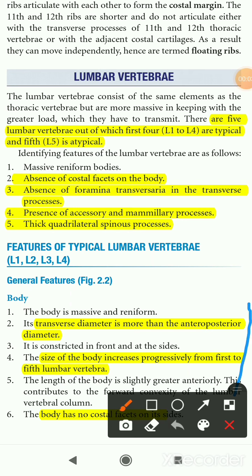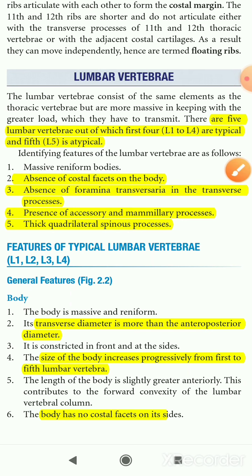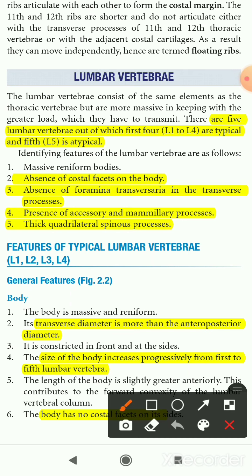Now next, what are the general features of the typical lumbar vertebra? That means the general features of vertebrae number 1, 2, 3 and 4. At first come to the body. The body is massive and reniform shaped, or kidney shaped. Number 2, the transverse diameter is more than the anteroposterior diameter.